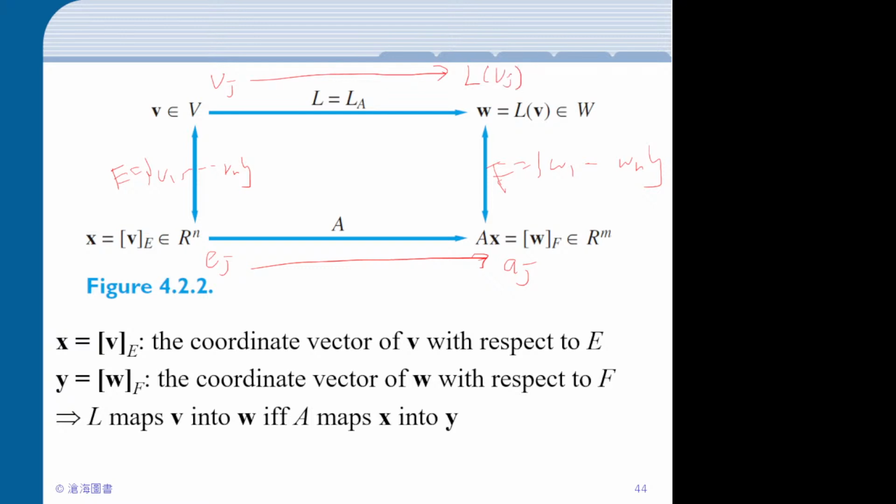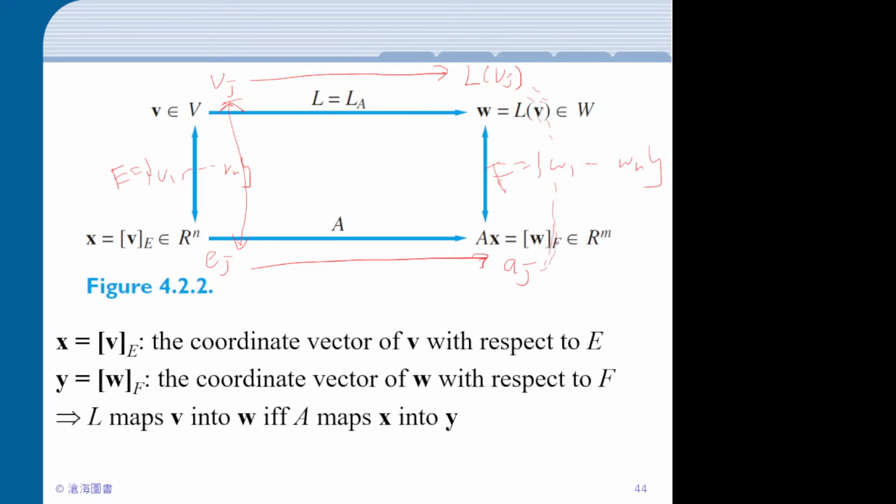So Vj has a correspondence with Ej, and we also know these two should correspond to each other.